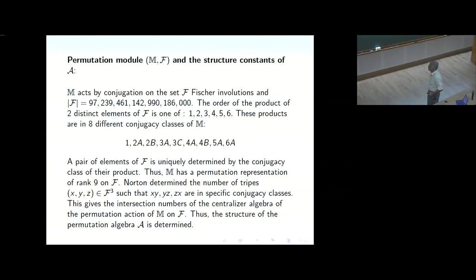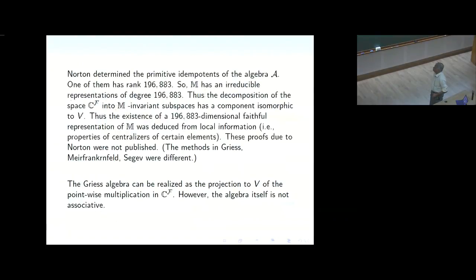And by this, he could deduce the intersection numbers of the centralizer algebra, and thus determine the structure of this permutation module. And he showed that there is a primitive idempotent of this degree. So I think M has an irreducible representation of that degree.